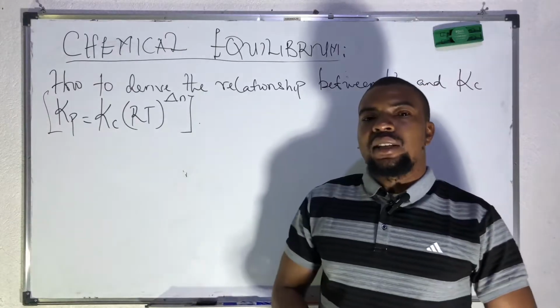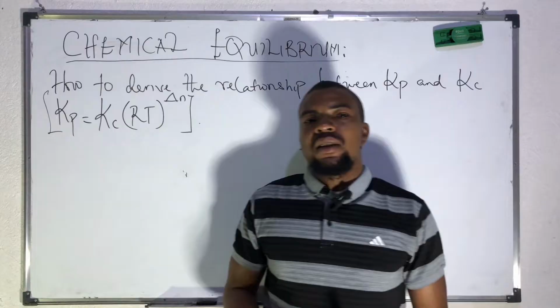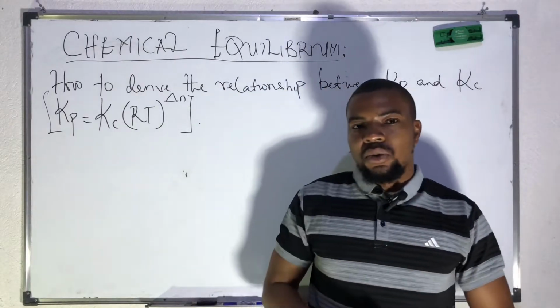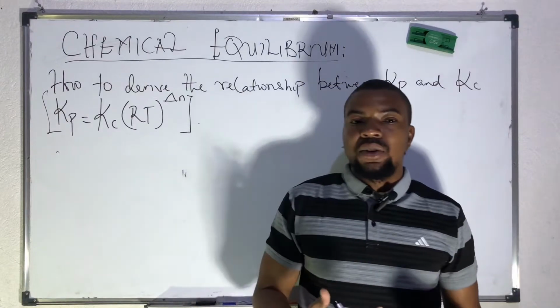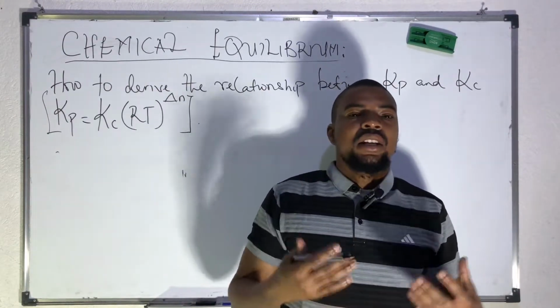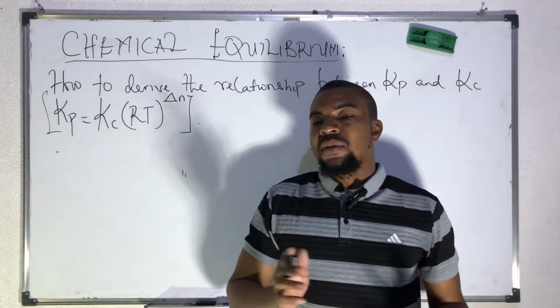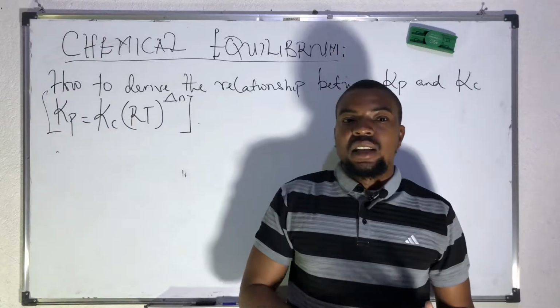Now, let's go ahead and see how we can derive this relationship. Before we begin, there are 4 things you must know. The first one is how to manipulate the ideal gas equation, or how to make P, which is pressure, the subject of the formula. The second one is how to write the Kp expression.